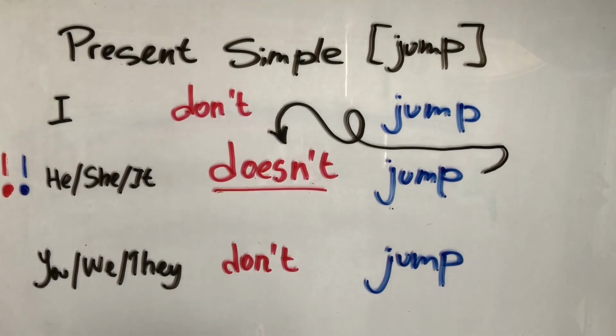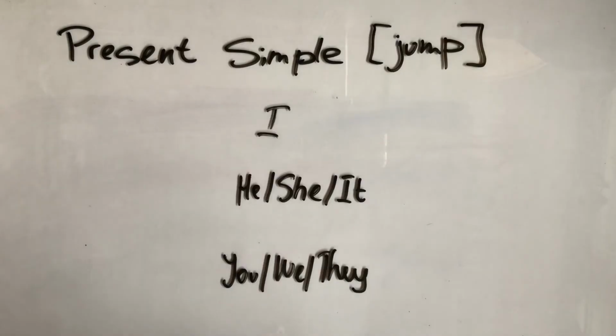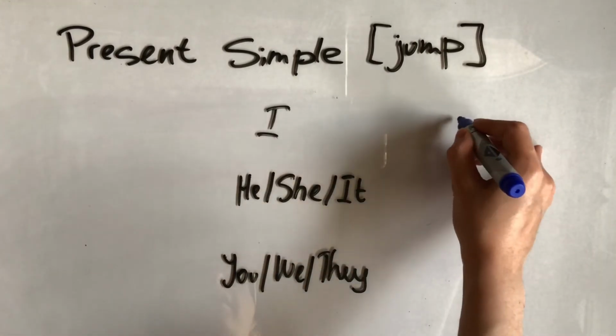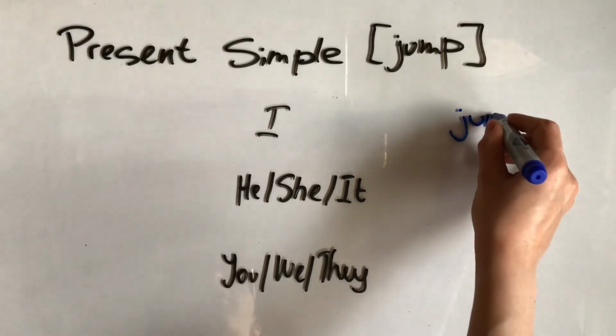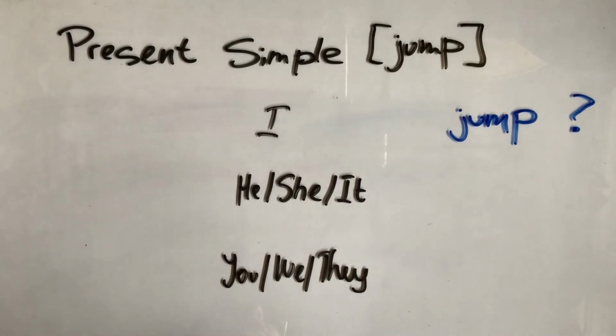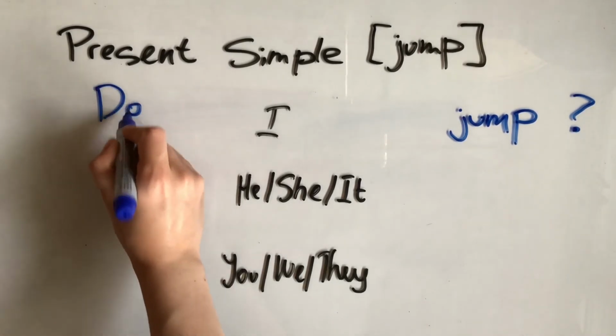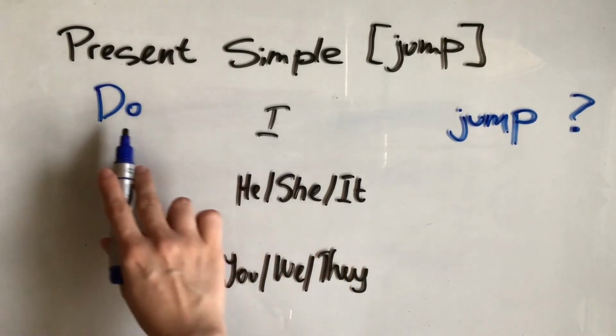Now let's learn how to make questions. Here is what happens. I jump. To ask a question, we need to add do in front of our pronoun.